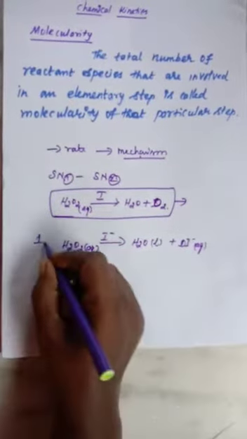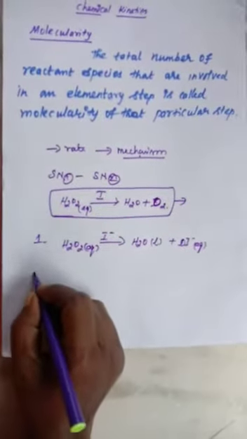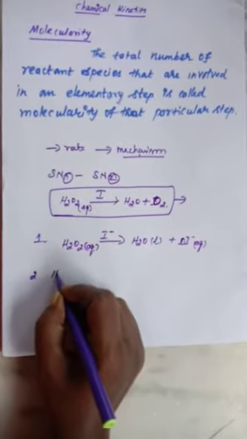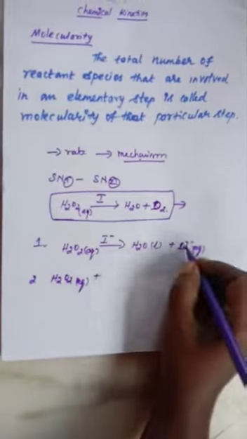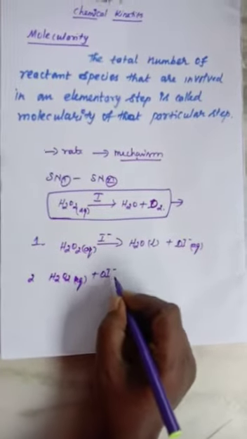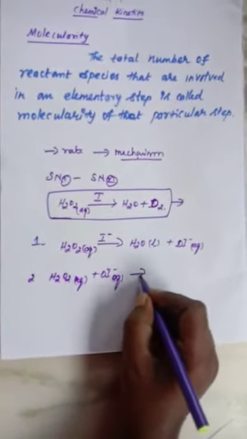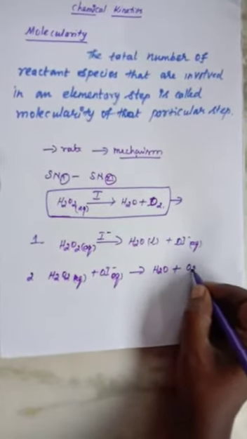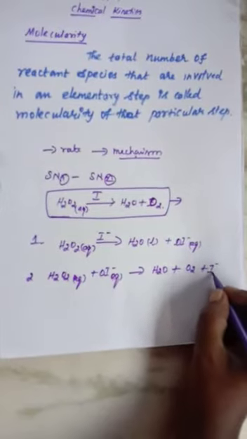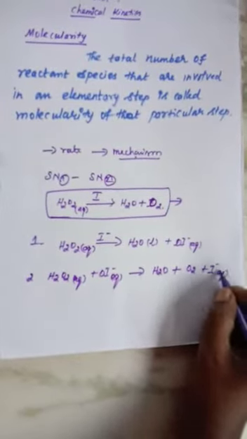This is the first step. In the second step, hydrogen peroxide reacts with this OI minus, gives water, oxygen, and I minus. This is the catalyst we are adding at the beginning of the reaction.